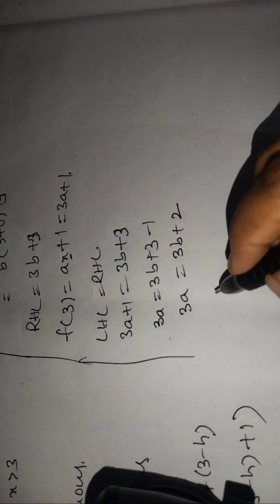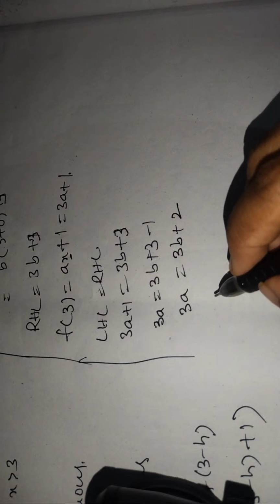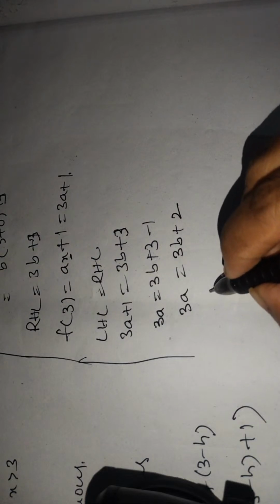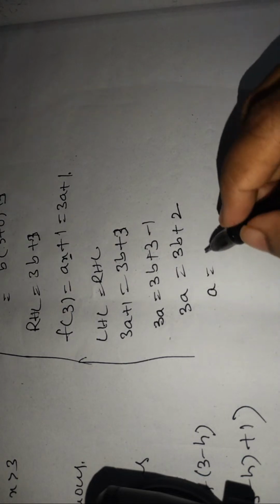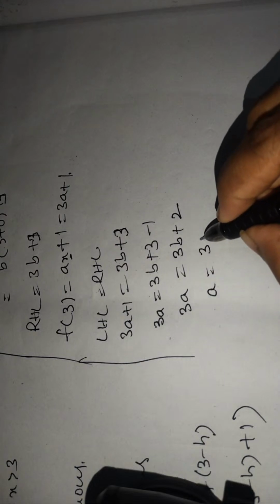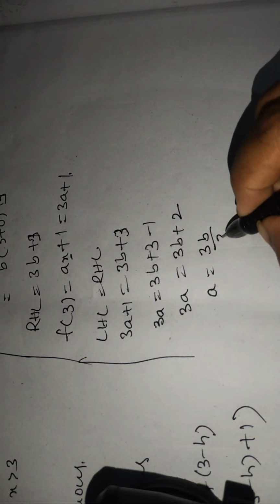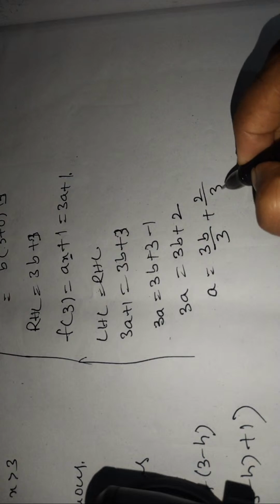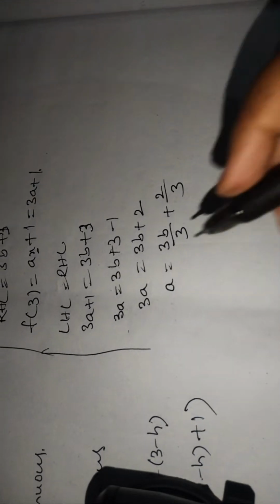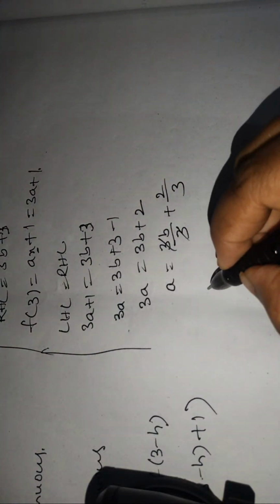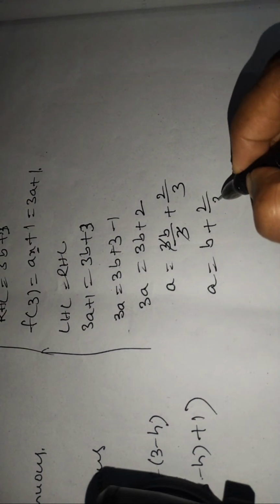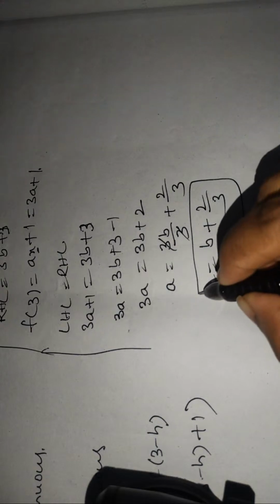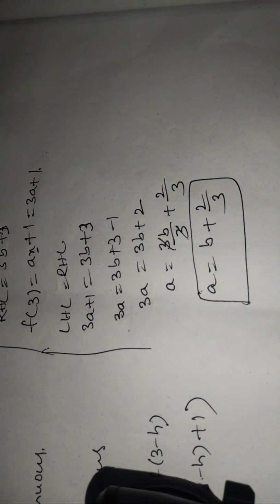Now we want the relation between a and b. So a is equal to 3b by 3 plus 2 by 3. Now cancel 3. A is equal to b plus 2 by 3. This is the relationship between a and b.